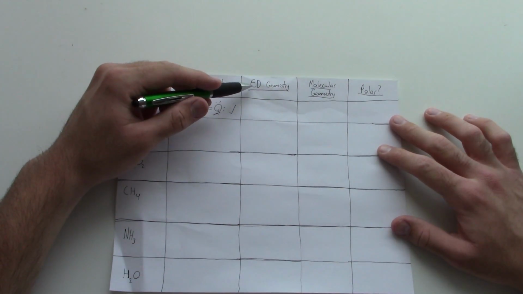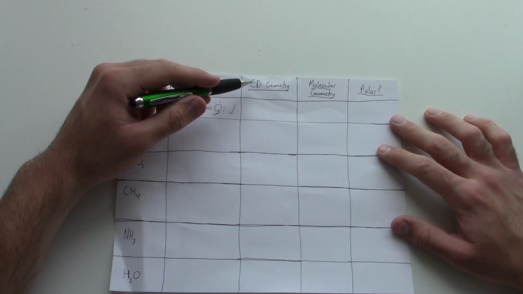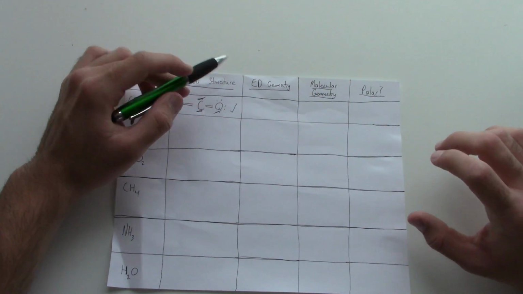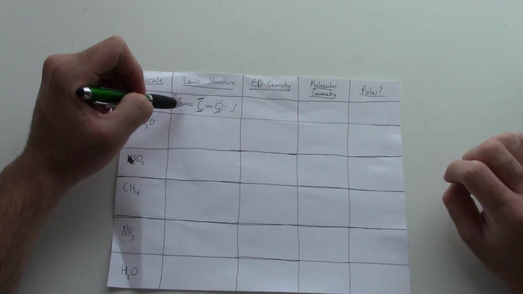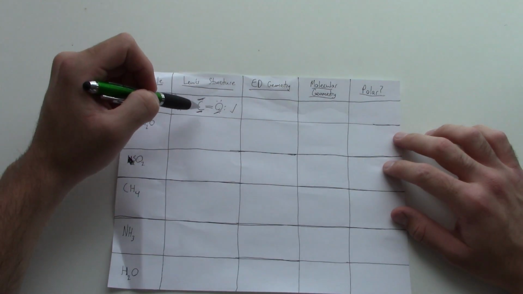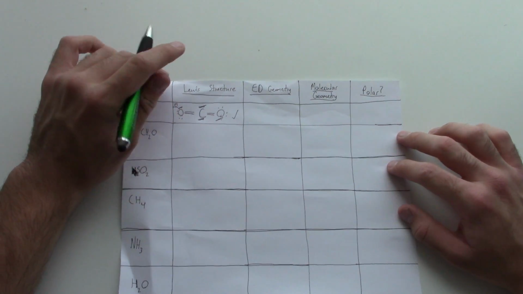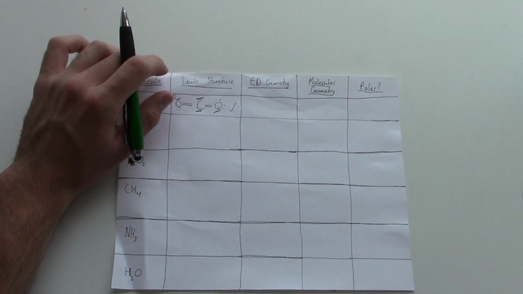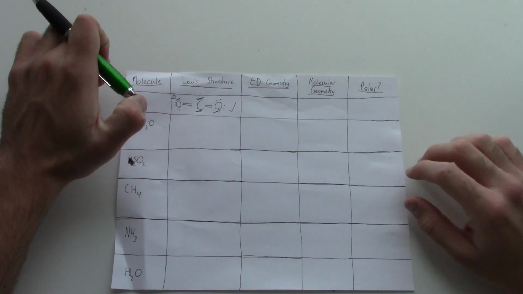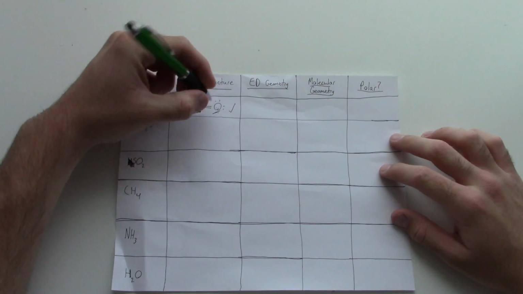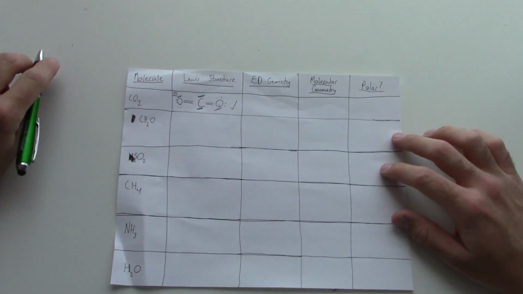When we talk about electron domain or electron group geometry, we have to see how many groups of electrons, in either lone pairs or atoms, are around the central atom. Again, the best way to illustrate this is in 3 dimensions. So if you look at this, it looks like a line, right?